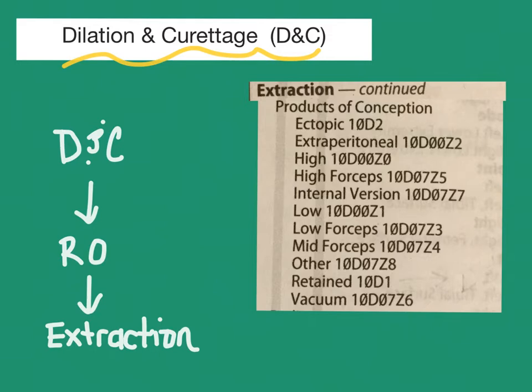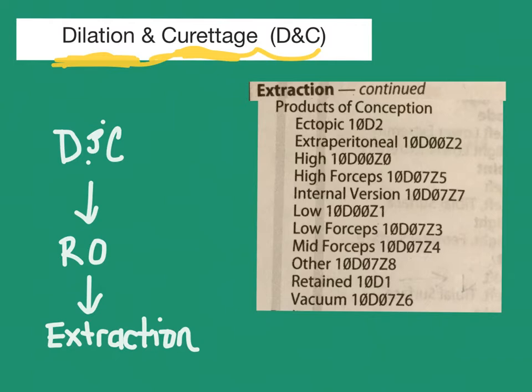With this procedure, the cervix is dilated, and an instrument called a curette is inserted to scrape away the uterine lining for any remaining products of conception. So think incomplete or spontaneous abortion here.